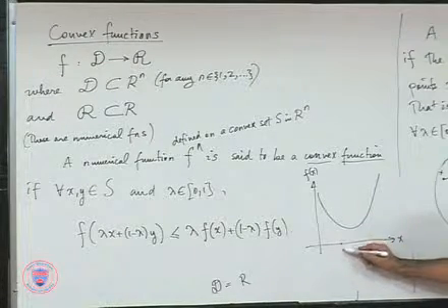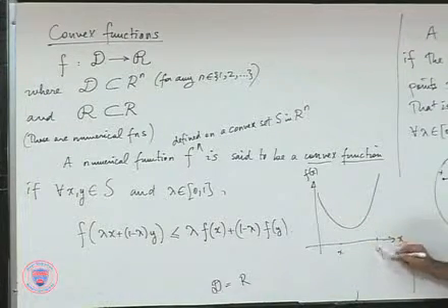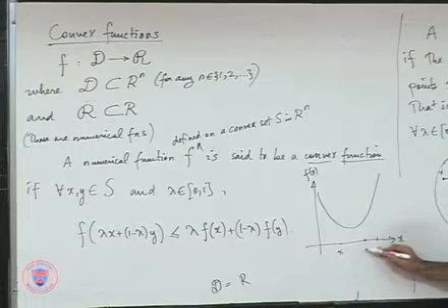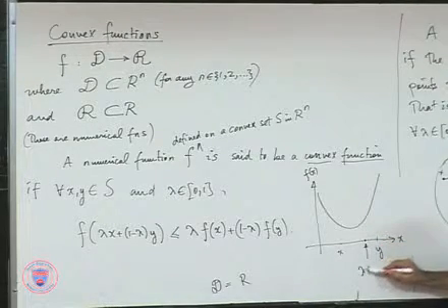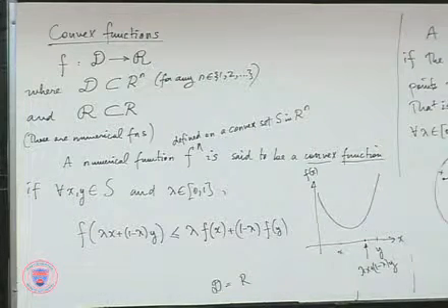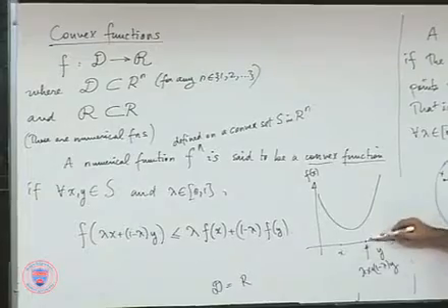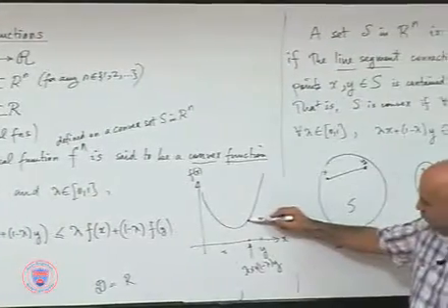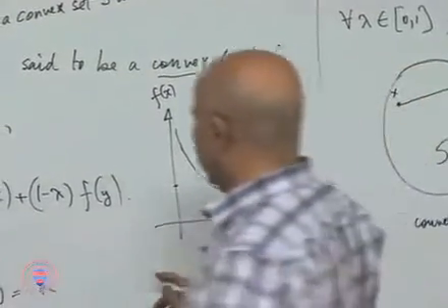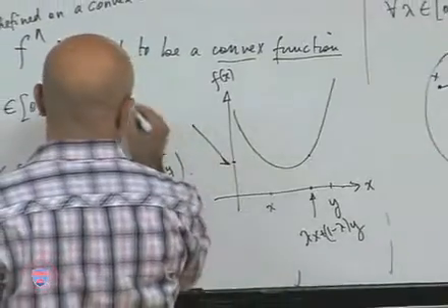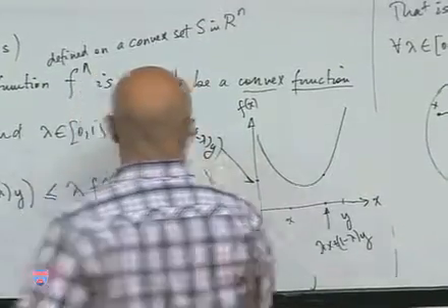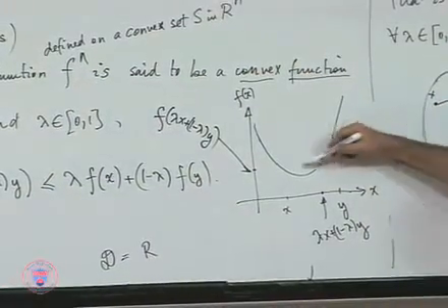So if I pick an x here, and pick a y here, and pick a lambda, then I generate a point such as this one. When I evaluate my function at that point, I get the value here. This is my f of lambda x plus 1 minus lambda y. That's the value I get, the height of this point.